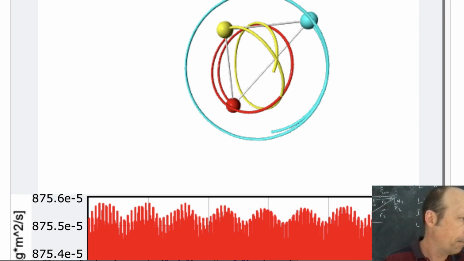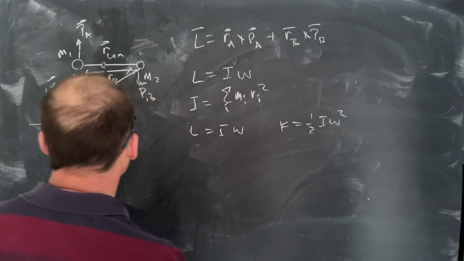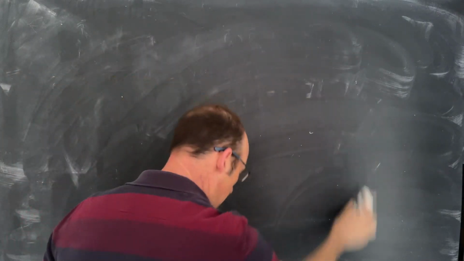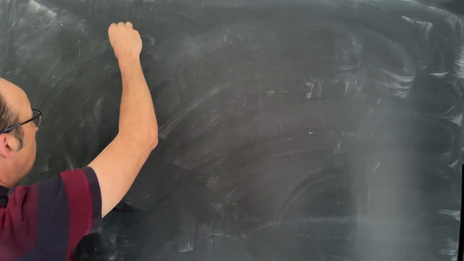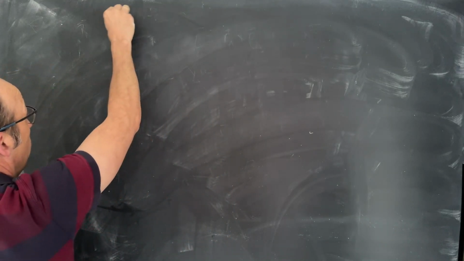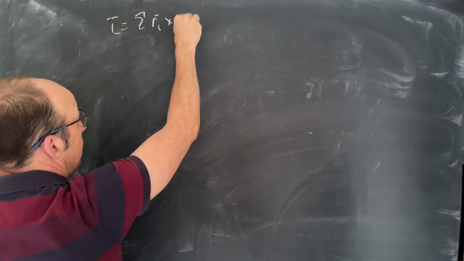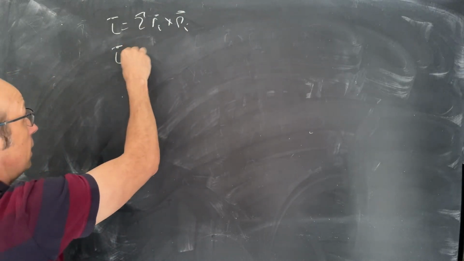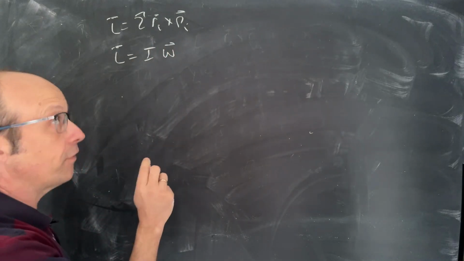So let's go back to the board and talk about how you would deal with these three mass systems. The key thing here is that we do not have a fixed axis of rotation. So in this case, I can still have L as the sum of Ri cross Pi. That's still true. But then the other way is to say L is I omega, but I is the moment of inertia tensor.